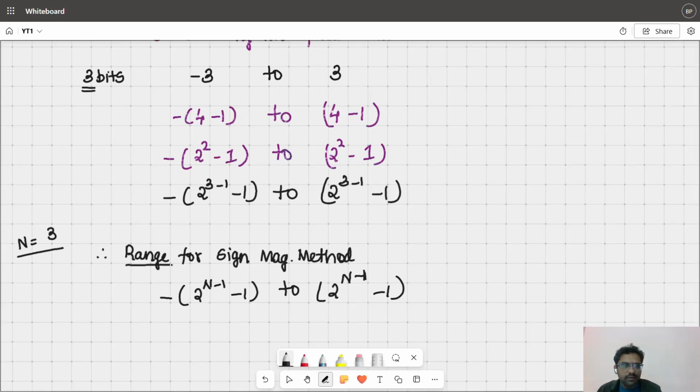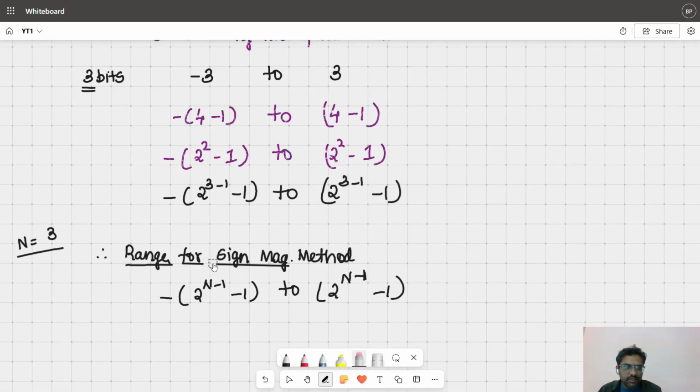Now the important points from our discussion. We considered the sign magnitude method, out of the three possible methods used to represent negative numbers. In the sign magnitude method, one extra bit is used for sign representation: if that extra bit is 0, it represents a positive number, and if it is 1, it represents a negative number.